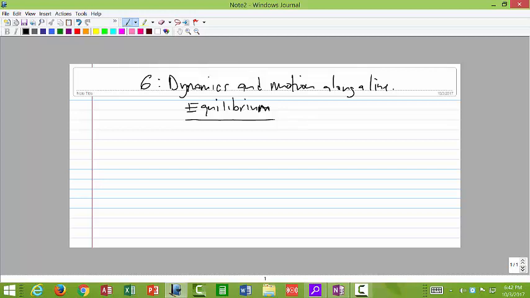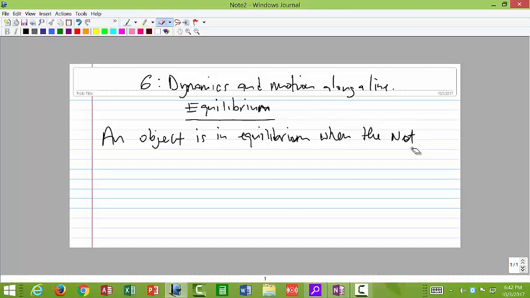Okay, so let's start off by looking at equilibrium. We'll say an object is in equilibrium when the net forces on it are zero, i.e., the forces all balance.